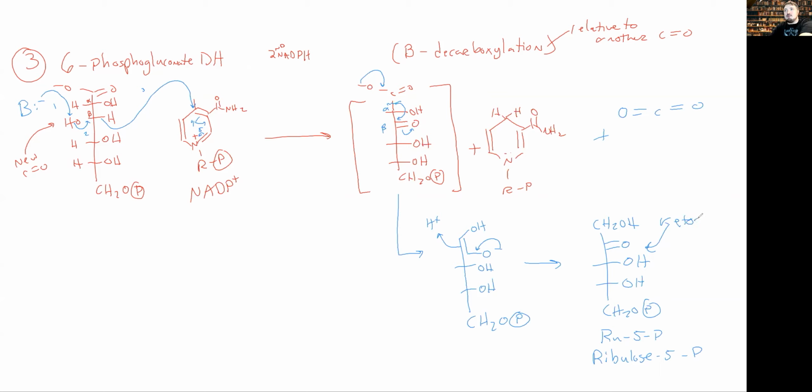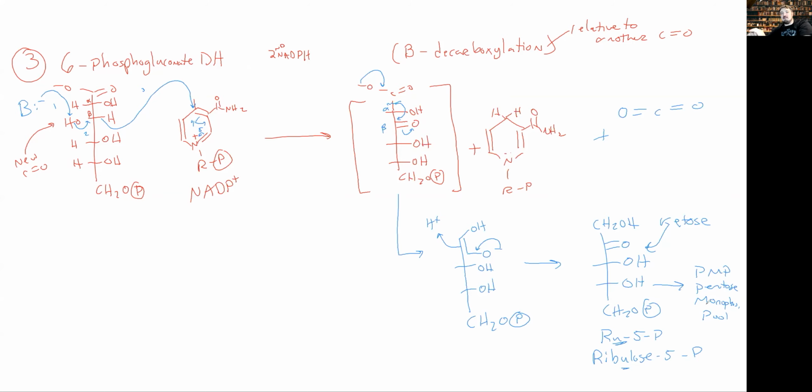It has a ketone. And the U in the name will tell you that it's ribulose. It's the ketose form of the sugar. So I like to write those as RU5P, and we'll see other ones that have U's in them as well. So keep that in mind. We're going to end up with our ribulose 5-phosphate, and that's going to go into our pentose monophosphate pool for use in other pathways.